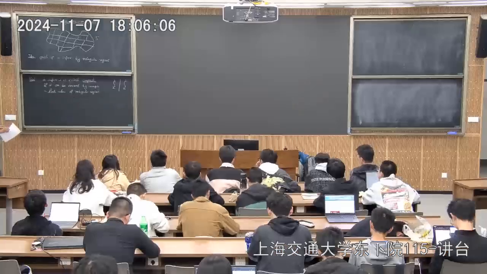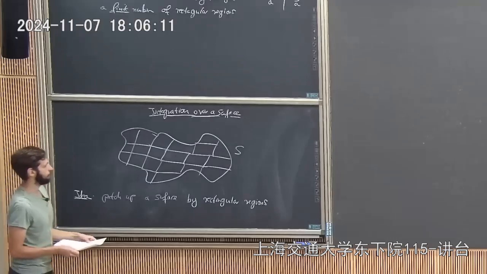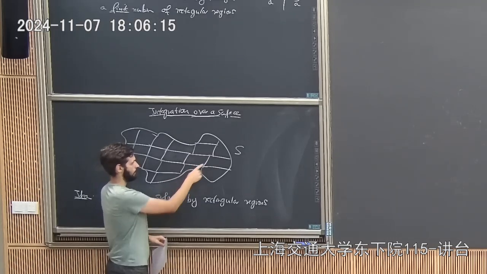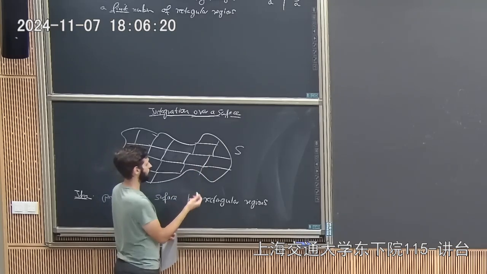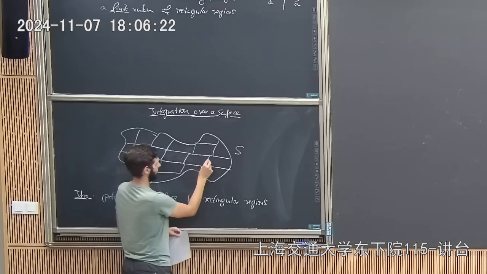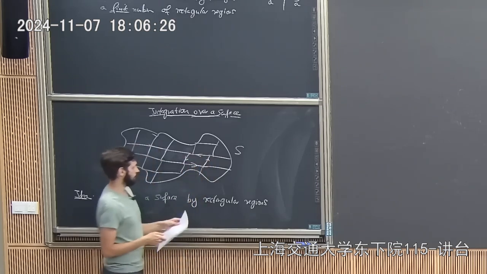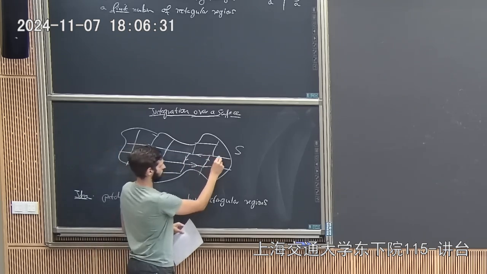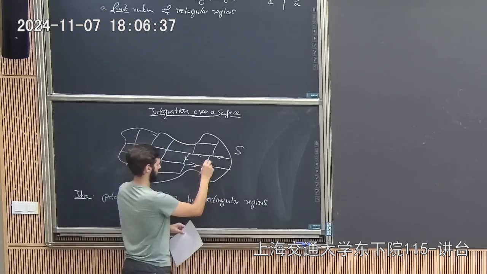The second thing we have to worry about is that we don't want to count, for example, contributions that come from such an edge twice. So we would like to say in some way that, for example, if you walk around in this particular orientation, then you walk around the neighbor rectangle in the opposite direction.